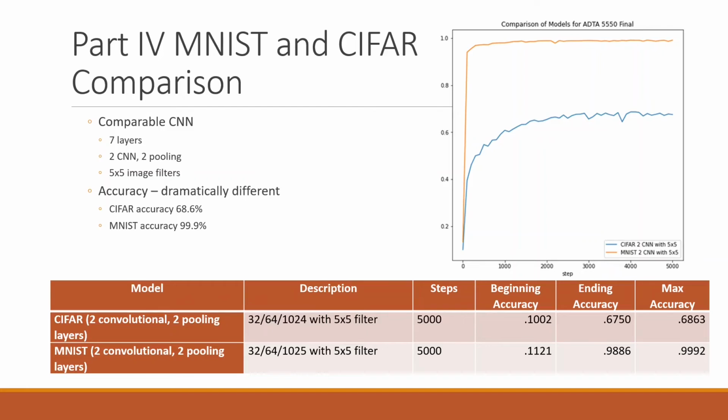However, the accuracy was dramatically different. As seen in the yellow line in the graph on the top right, the MNIST dataset achieved a very high degree of accuracy at 99% after a few steps. However, the CFAR dataset accuracy shown in blue was quite different, with a maximum accuracy of only 68.6% even after 5,000 steps.